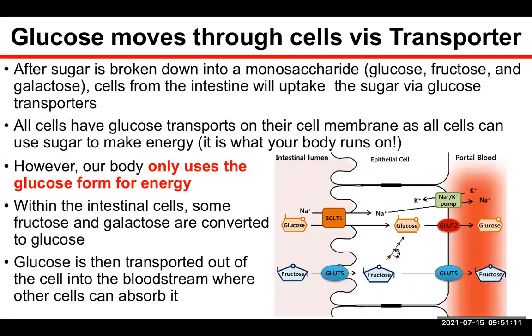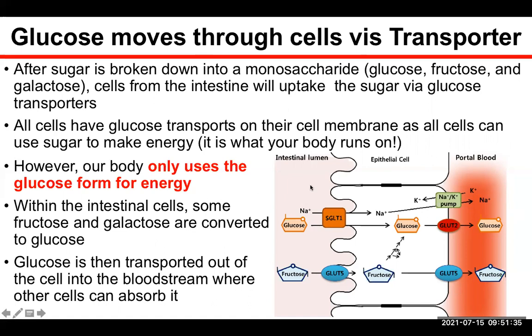So glucose moves through cells via transporters. I emphasized this once, I think in the organelle lecture when I was talking about the cell membrane, but all of our cells have glucose transporters in them. The main point of these transporters is to facilitate the transport of these different kinds of monosaccharides into the cell.